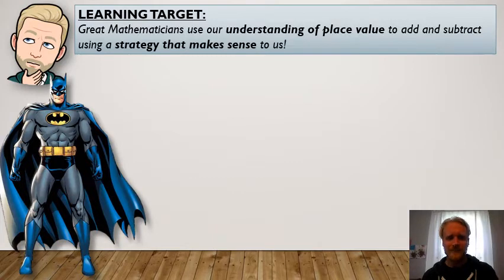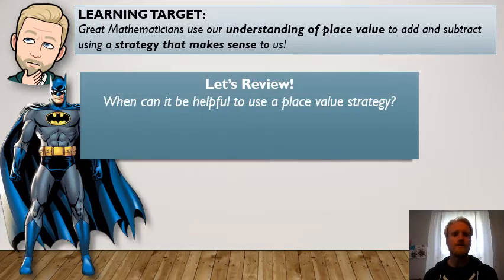All right. So our learning target for today is remember that great mathematicians use our understanding of place value to add and subtract using a strategy that makes sense to us. So, quick question for all y'all. Let's review. When can it be helpful to use a place value strategy like sticks and dots, expanded notation, number line?